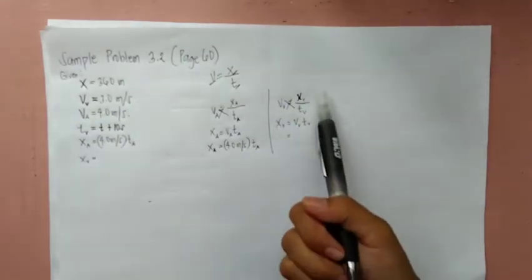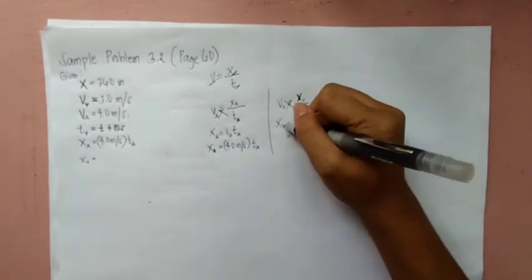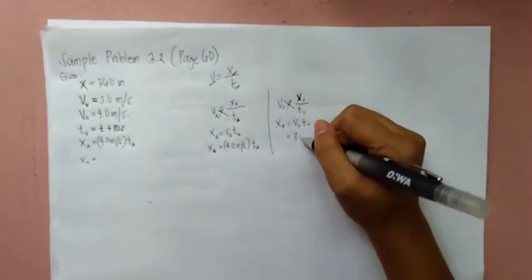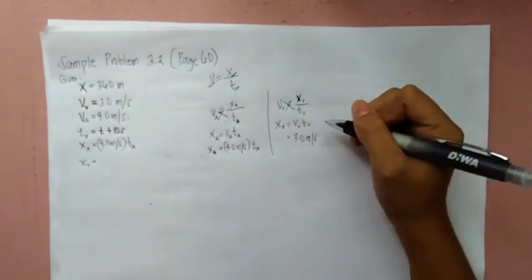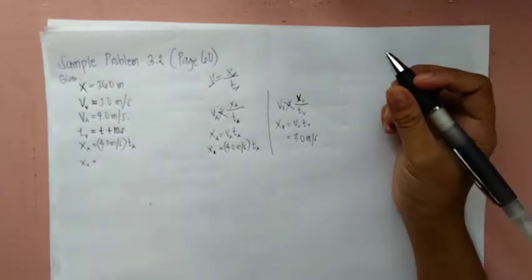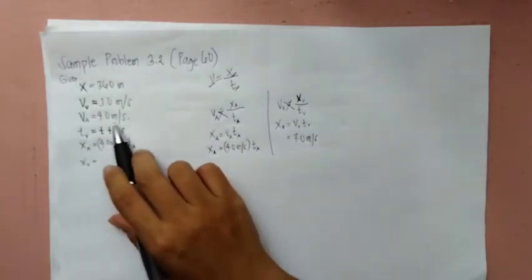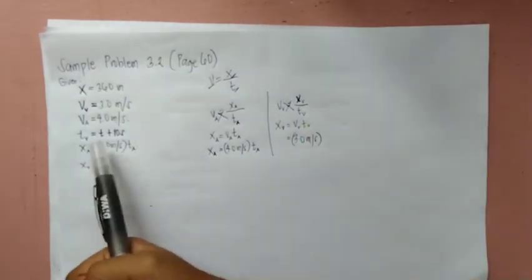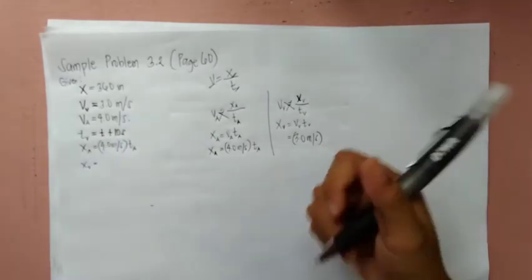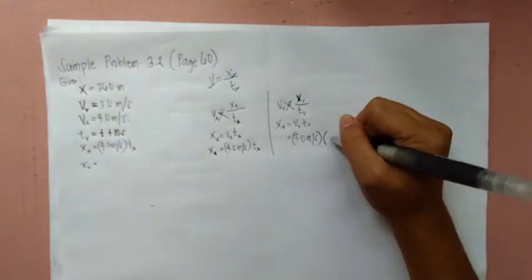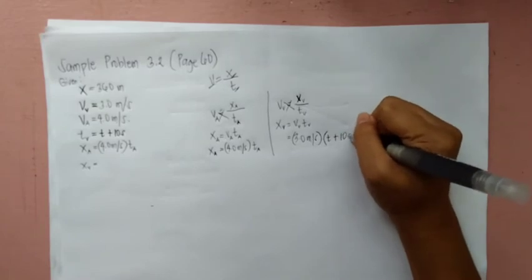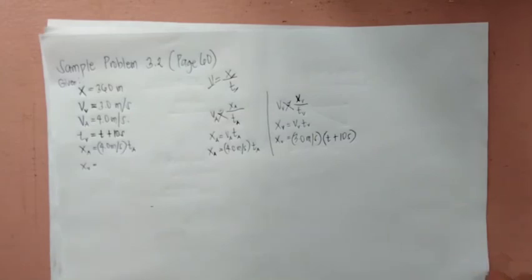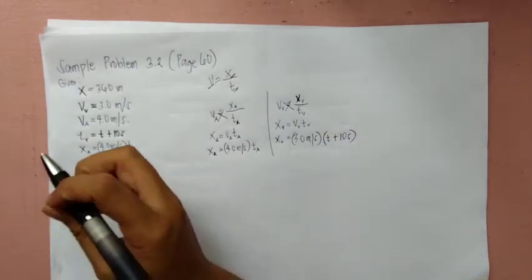That's why we have to do this process. Okay, so V sub V is 3 meters per second. We also have here Vanya's time, so we can substitute the value of T sub V in here. That is T plus 10 seconds. So Vanya's distance is 3 meters per second times the quantity of T plus 10 seconds.